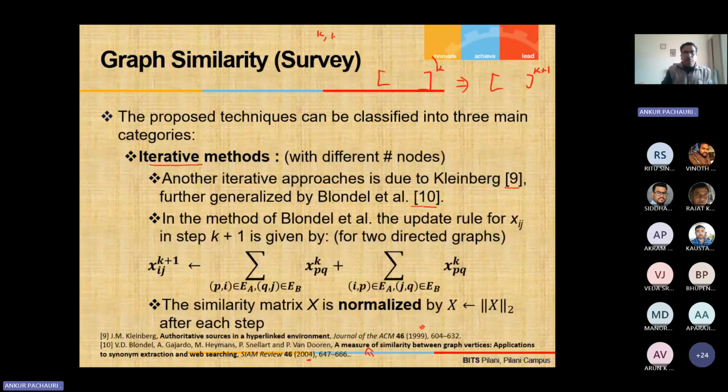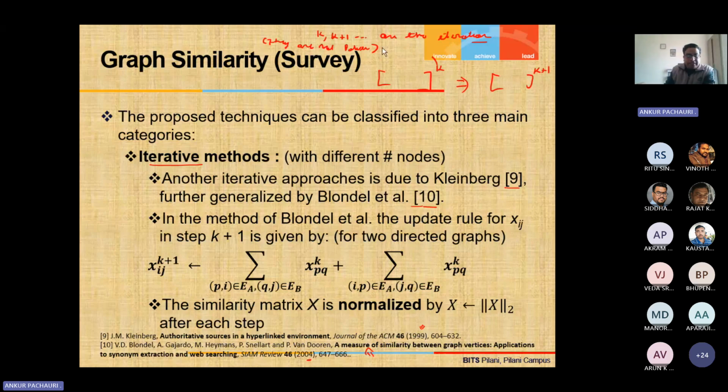Here k and k plus 1 are the iterations. Okay, not the power. They are not the power of that matrix, a square of that, that's not the case.